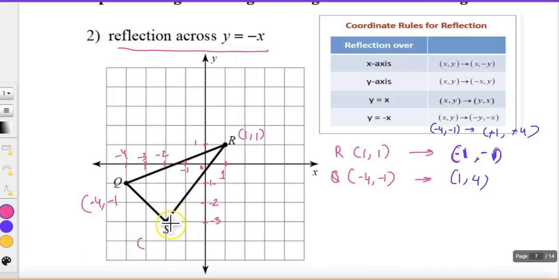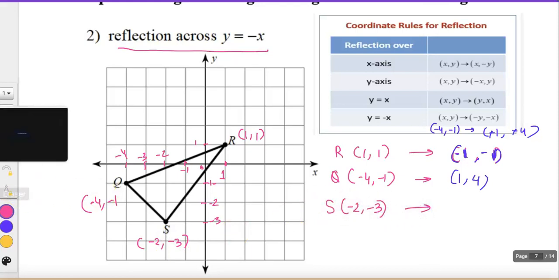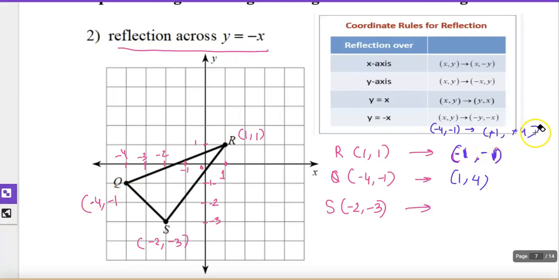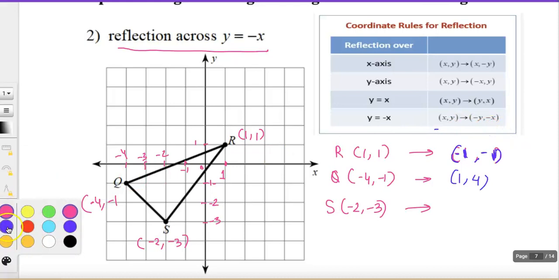Let's go for the letter S over here. So my x value is what? That's negative 2. What about the y value? That's negative 3. Let's write it over here. Our coordinate points are negative 2, negative 3. Let me pick my pen.